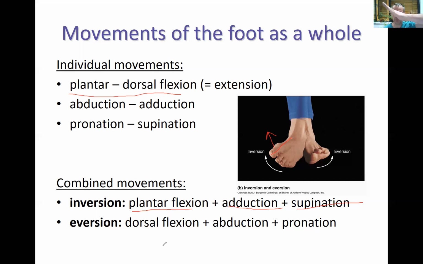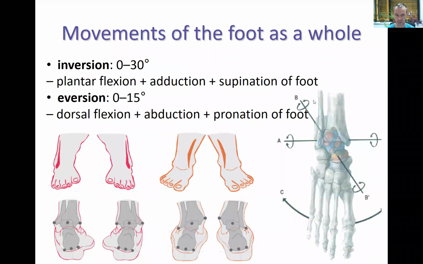Eversion means dorsal flexion, abduction, and pronation, and the lateral margin goes up. So here is a lateral margin, here is a medial margin. So these are the movements as a whole, inversion and eversion. And you can try it yourself that inversion is twice larger in extent than eversion. Please try it yourself so you understand all these movements.